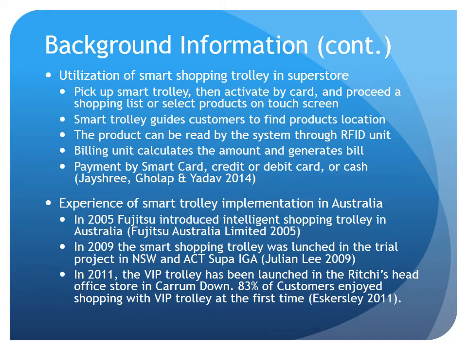There are some experiences of implementation of smart shopping trolleys in Australia. In 2005, Fujitsu introduced the intelligent shopping trolley for the first time in Australia. And in 2009, the Media Smart Card shopping trolley, which was equipped with a GPS system, was launched in New South Wales and Australian Capital Territory Super IGA.